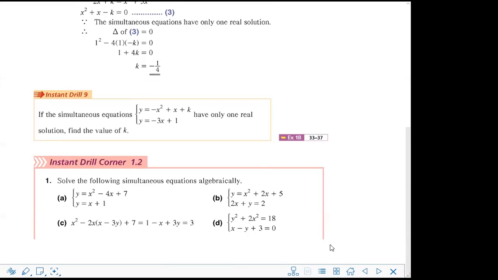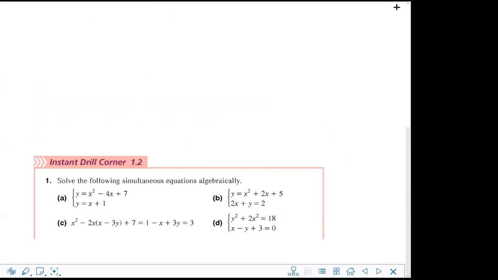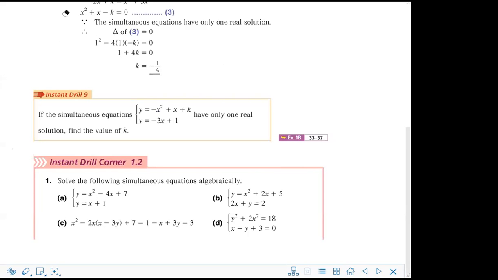So I would like you to do question number 1 now, okay? So please do this instant drill corner 1.2, question number 1. Okay, so that is in the Math app. Question number, let me see. 7. Sorry.